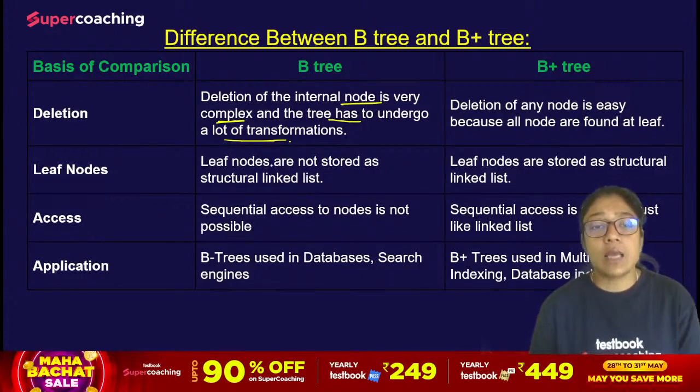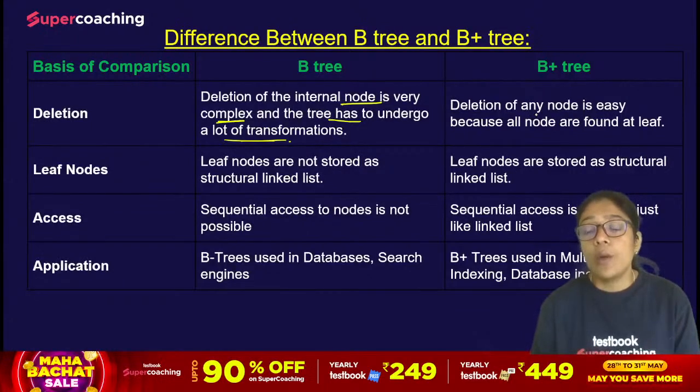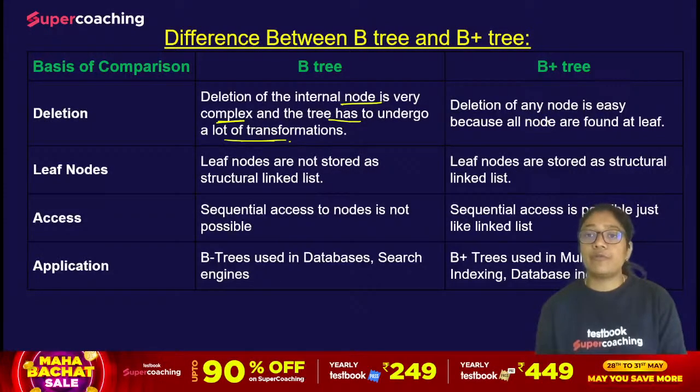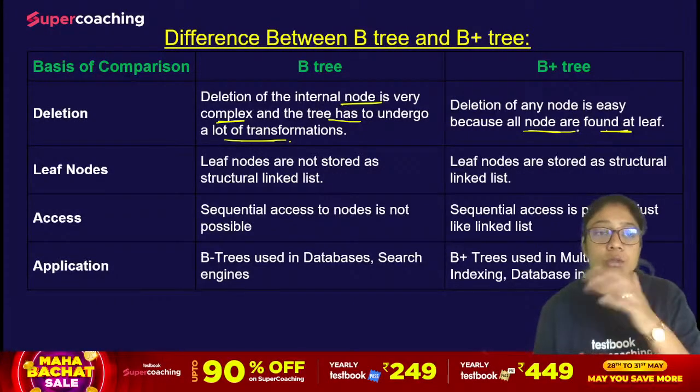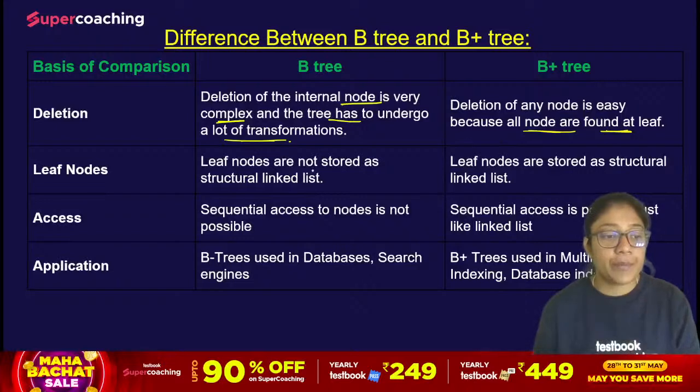So it has to go through a lot of transformations if it's a case of underflow, whereas deletion is easy in case of B plus tree because all the nodes are available at the leaf level. तो आपको search करने की ज़्यादा ज़रूरत नहीं.